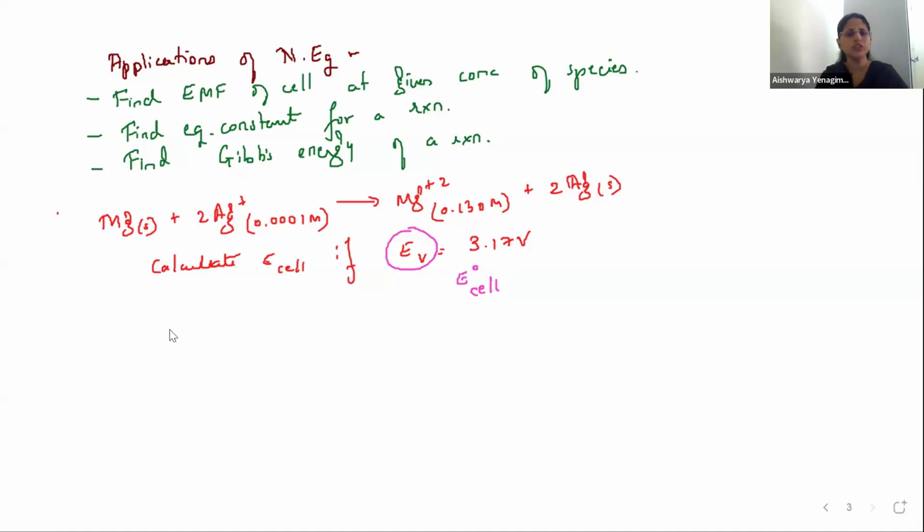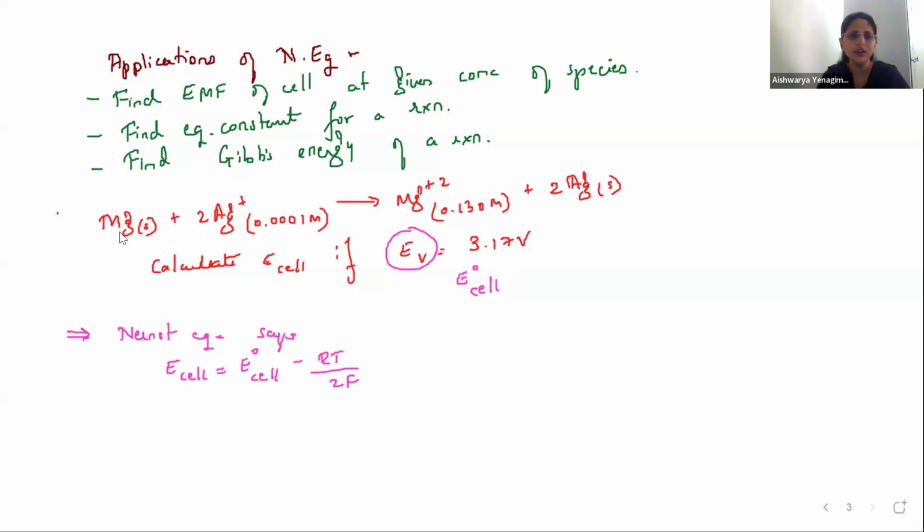Now what does the Nernst equation say? Nernst equation says, E cell is equal to E naught cell minus RT by 2F. Why 2F?